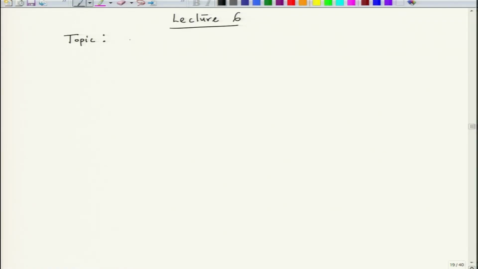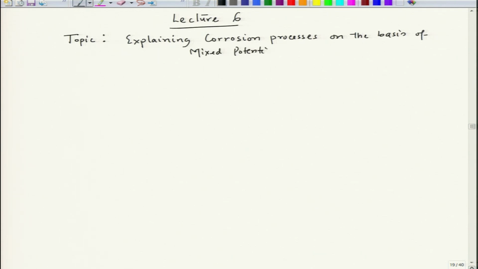So, the topic would be explaining corrosion processes, I would say, on the basis of mixed potential theory.